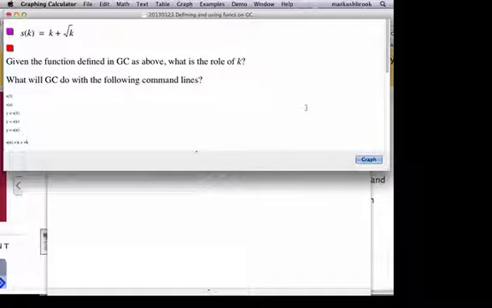Any idea, Megan? What's that? K is the input. And how does it relate to the function then? If it's the input, so whenever we invoke the function s from here on out, whenever we do s of something, what's it going to do with that something?